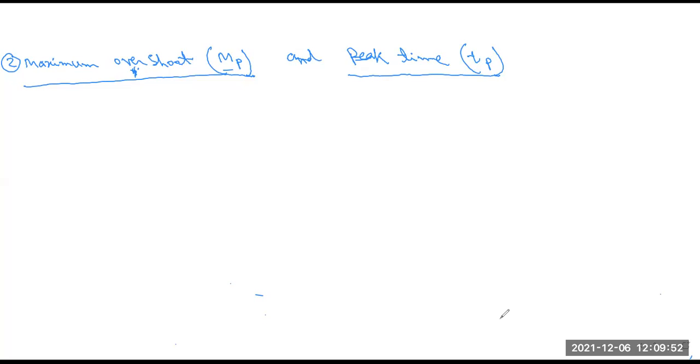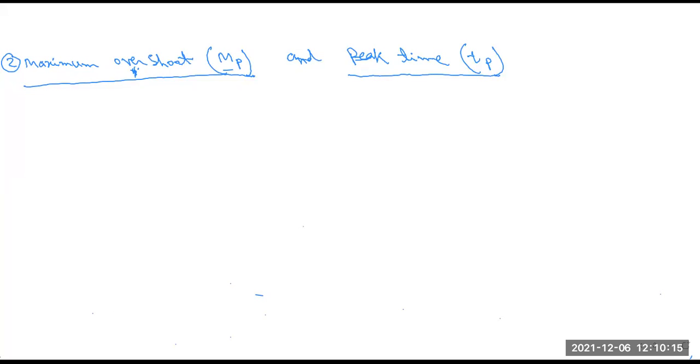This maximum positive deviation of the output is known as the maximum overshoot, and we denote it as M p.